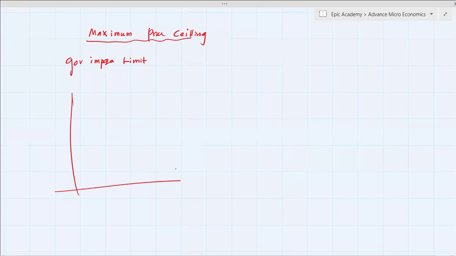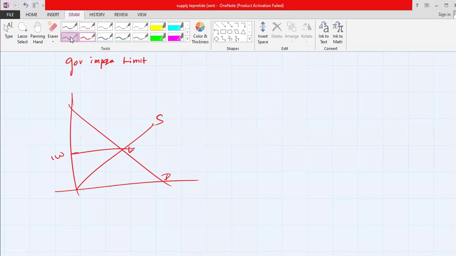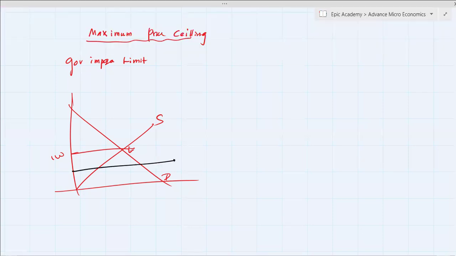As an example, just consider this. This is the demand and this is the supply. The equilibrium price is just 100 rupees. Government decides that 100 rupees is too high for the consumer. Then they impose a maximum price below the market equilibrium price.